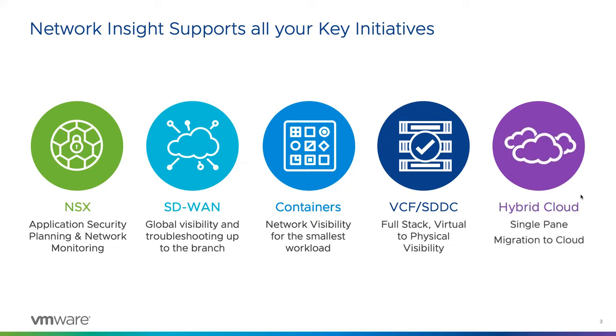And then also the hybrid cloud. So not just support for things like VMC on AWS, or VMware Cloud on AWS, but jumping in from a hybrid cloud perspective, whether you're running AWS, let's say EC2, or native Azure and so on, being able to have that hybrid cloud visibility from the data center to the public cloud, whether it is VMC or native AWS or native Azure.